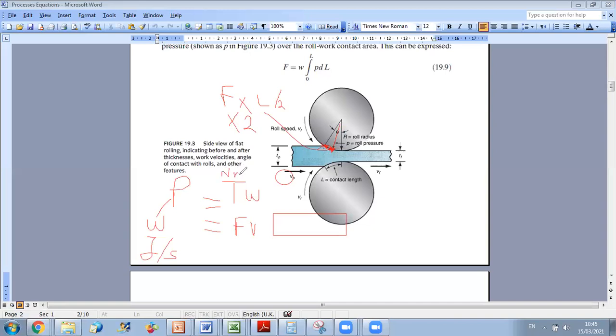And the unit of angular velocity is radian per second. As you can see, radian has no unit, so Newton meter per second is joule per second. So the total power that should be provided to the two rolls is the total torque times omega, and the total torque is F times L. Okay, so we can see this in formulas here.